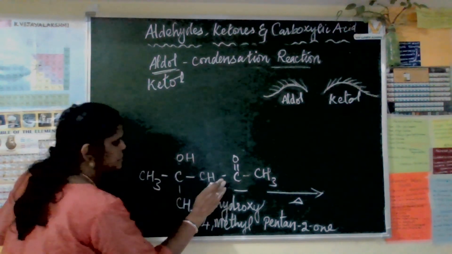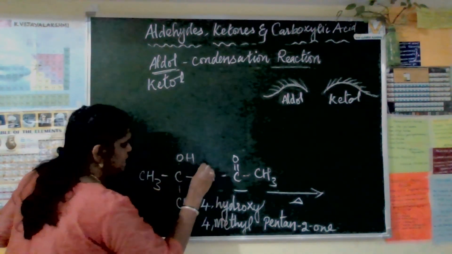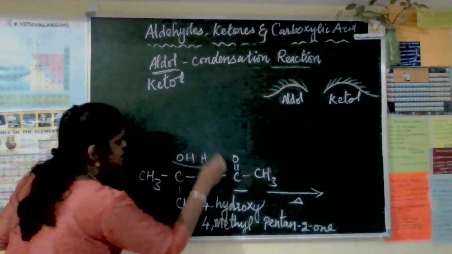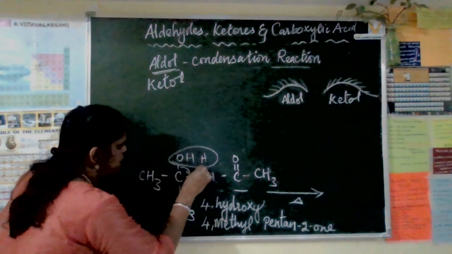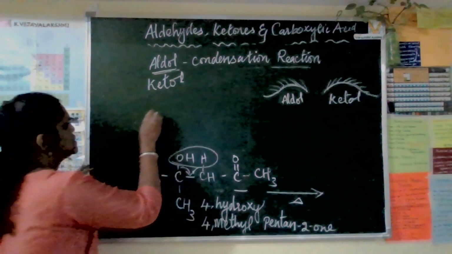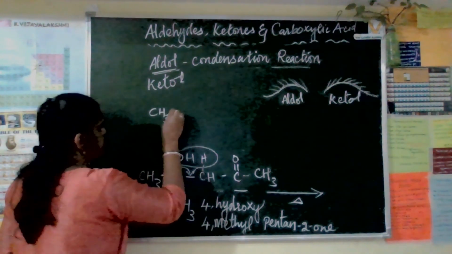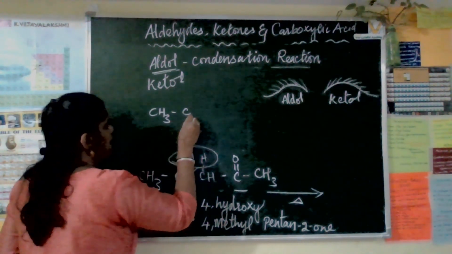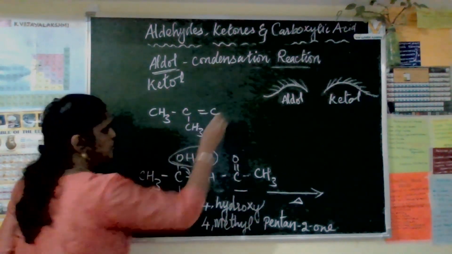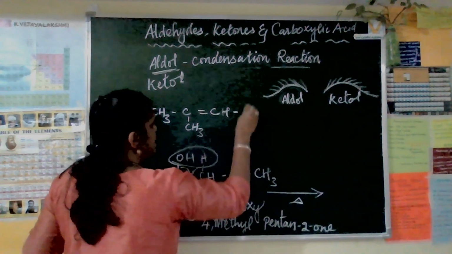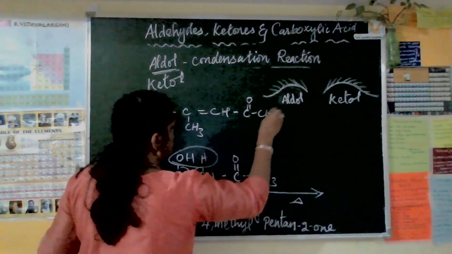A small rearrangement here: one hydrogen, just remove the water molecule. Here bond formation happens. So what you will get is CH3, C, CH3, double bond because of bond formation, CH, C double bond O, CH3.